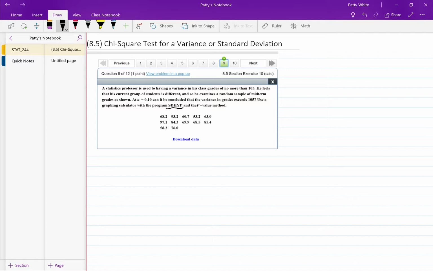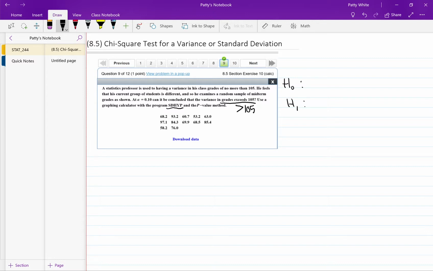So it says right here the variance in the grades exceeds 105. So we're trying to see if we have enough evidence to conclude that the variance is strictly greater than 105. That's our claim. It has no equality in it, so we know it's going to go in our alternative hypothesis. So let's go ahead and write our hypotheses. Our null hypothesis, H0, and our alternative hypothesis, H1.